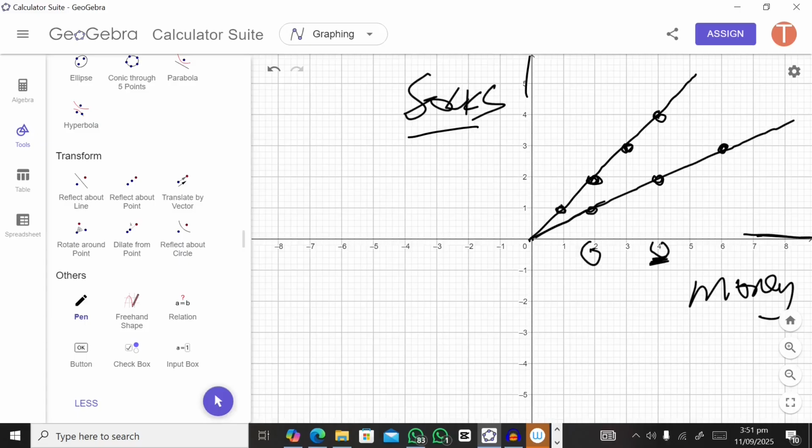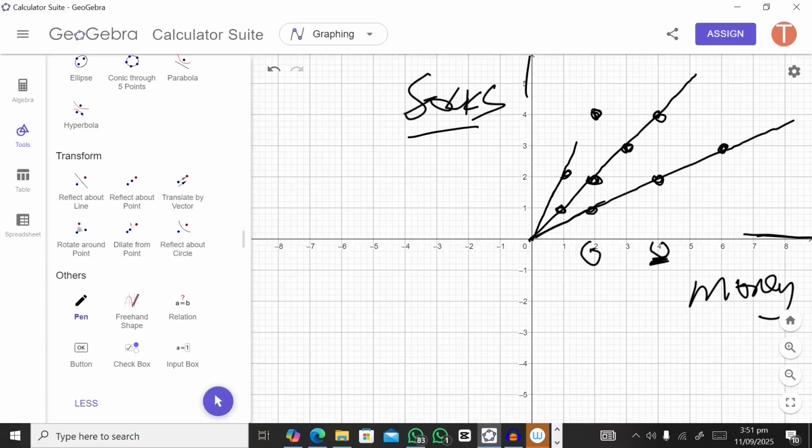But we can also have a situation whereby a pair of socks costs $0.50 or 50 cents. It means that if I have $1, I can purchase 2 pairs of socks, and if I have $2, I can get 4 pairs of socks, and the relationship will go just like that.